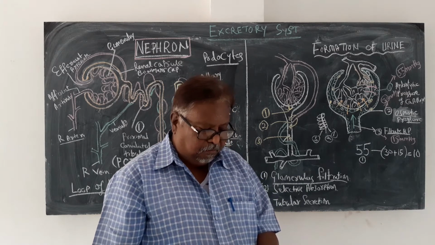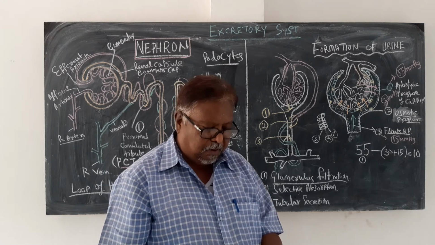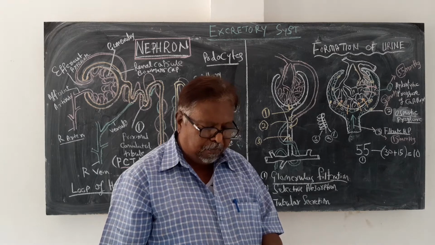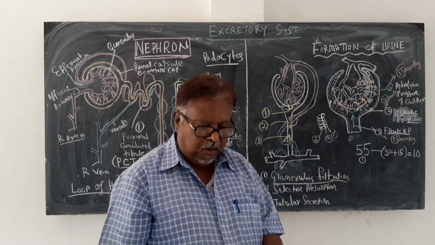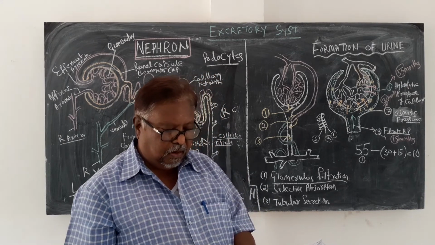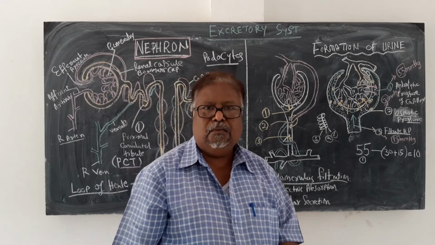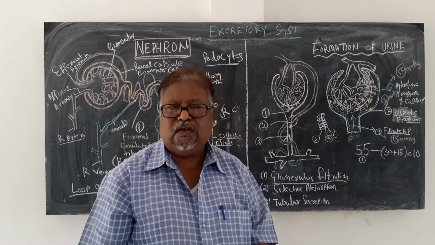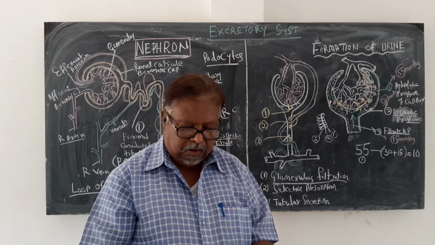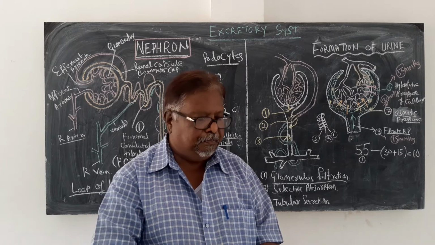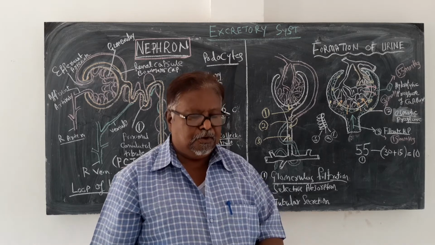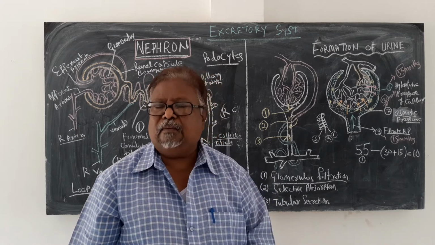Next, blood cells, plasma proteins, and other large molecules which cannot pass through will remain in the capillary. So the blood cells and the plasma proteins which will not pass through these 3 layers will remain in the capillary only, that is in the blood stream of the capillaries. The filtrate is very similar in composition to blood plasma.